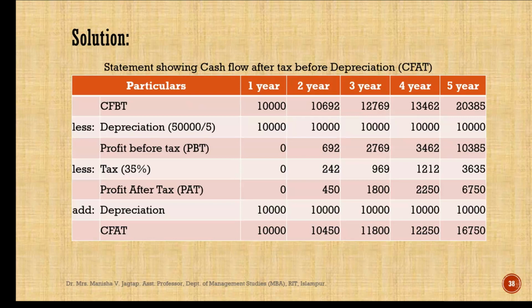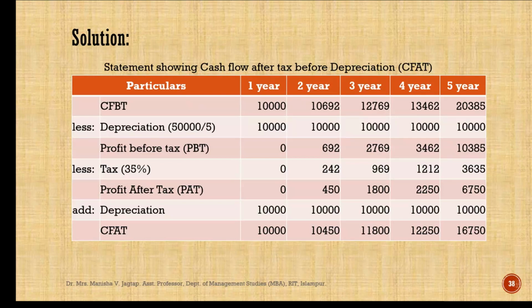By applying the formula, we have calculated depreciation, and as it is the straight line method, we have written it for all the 5 years. Then after deducting depreciation, we arrived at PBT. Then on PBT, we have calculated tax at 35% and written it. Then we deducted tax from PBT and we arrived at PAT.